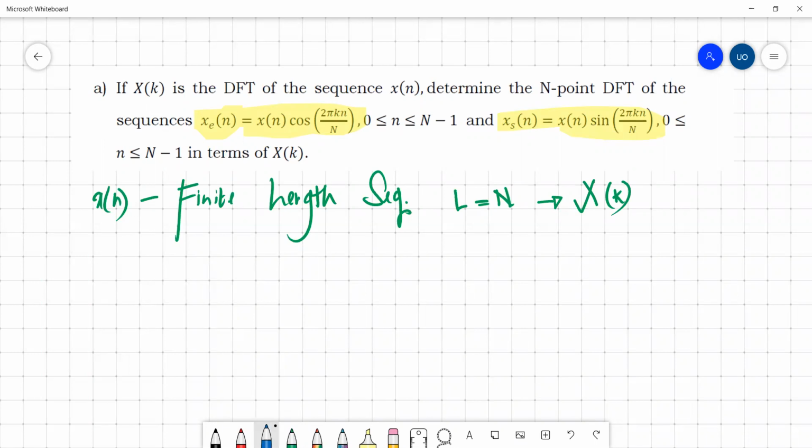If you are asked to evaluate this, what we can simply do is first represent this in a convenient form to convert to X of k.